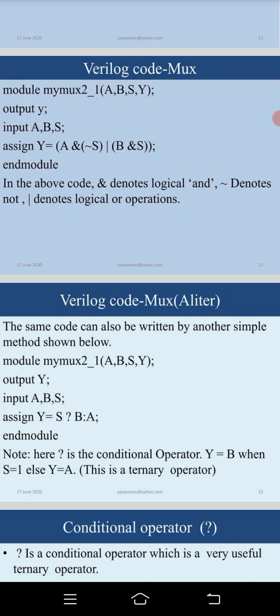Module my MUX 2 to 1, A, B, S, and Y. Then output Y, then input A, B, and S, and assign Y is equal to S question mark B colon A. Note, here is the conditional operator: Y is equal to B when S is equal to 1, and else Y is equal to A. This is a ternary operator.